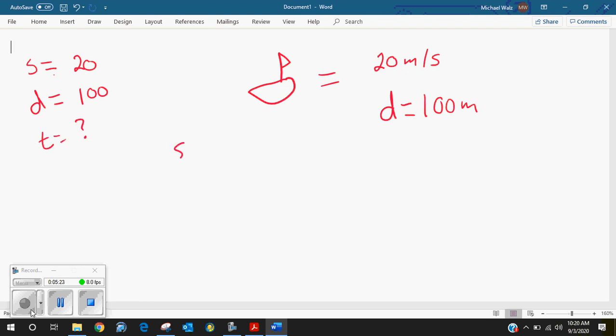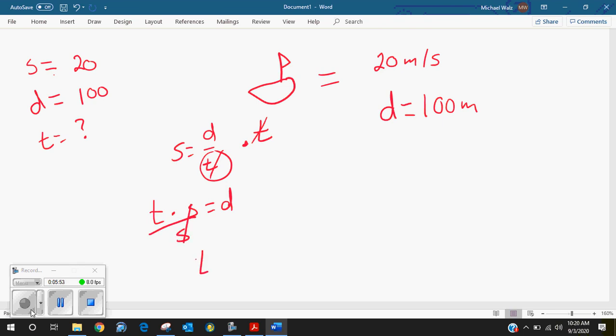You start with your formula: speed equals distance per time. Now we got to get this out of the denominator first. So you multiply by t, just like we did before. Cancel that out. Now you got time times speed equals distance. Now to get time by itself, what do you got to do? Divide both sides by s, right?